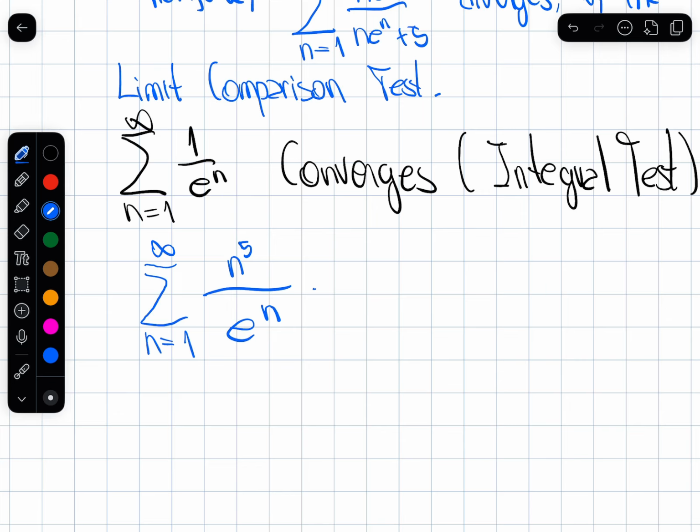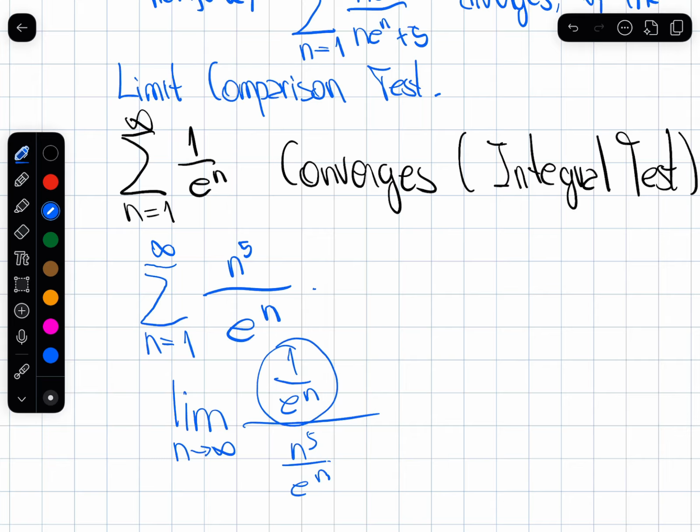I'm going to do this. I'll take the one that I think is bigger. I think this one is smaller, actually, so I'll put it on the top. I'll do this. Divide the small one by the big one.